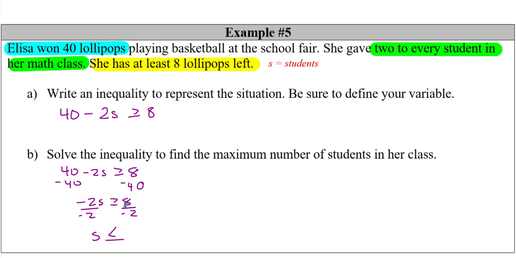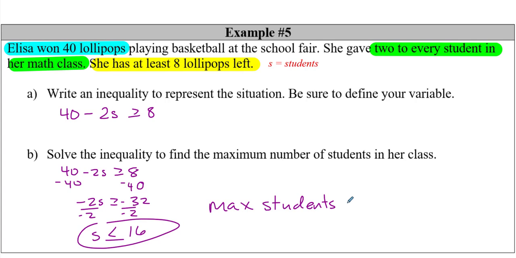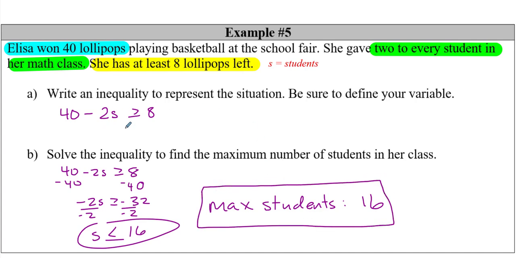So the amount of students is going to be less than or equal to, oops, that's not an 8. That should be a negative 32. Negative 32 divided by negative 2 would be a positive 16. So max students is 16. If she has any more than 16, she would not have 8 lollipops left.